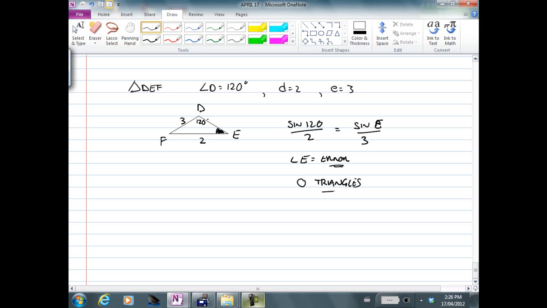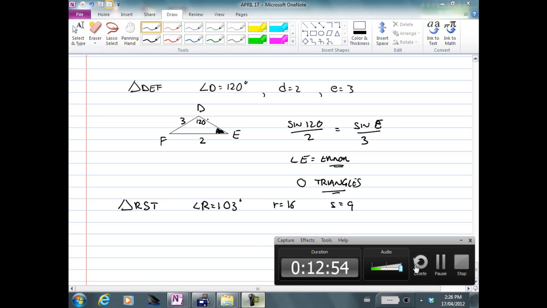One last one. How many triangles are possible? RST. Angle R equals 103. r equals 16. s equals 9. Your job is to tell me how many triangles are possible based on this configuration.